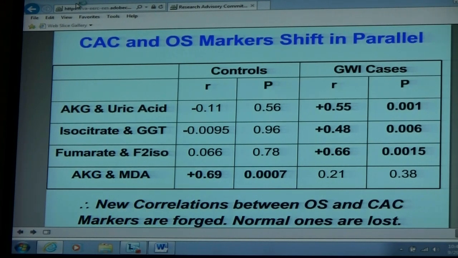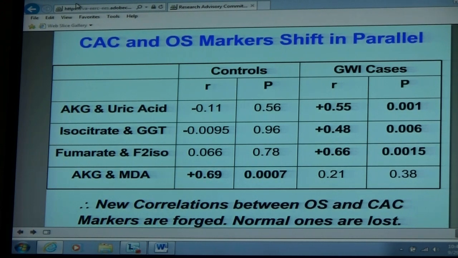One of the things that was fascinating was that even for markers that are not themselves strongly different in Gulf War veterans and controls, the relationship to one another is different. I'm going to call your attention first to the value at the bottom here, which is alpha-ketoglutarate and malondialdehyde. I mentioned that alpha-ketoglutarate seems to commonly be elevated in conditions with a known link to oxidative stress and mitochondrial dysfunction.